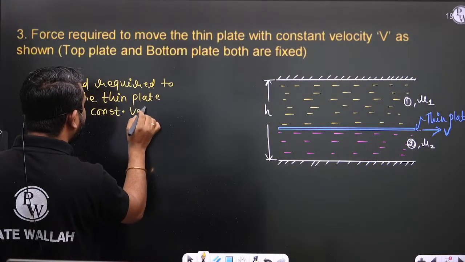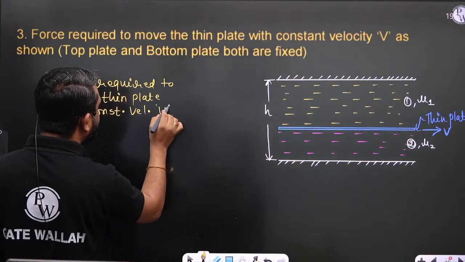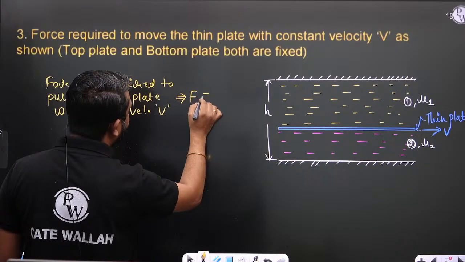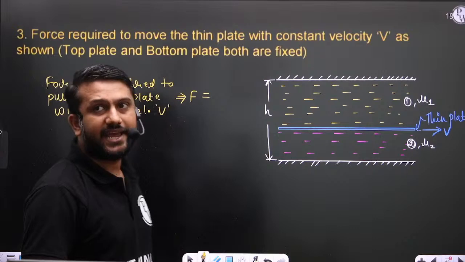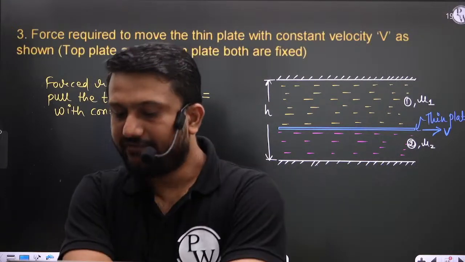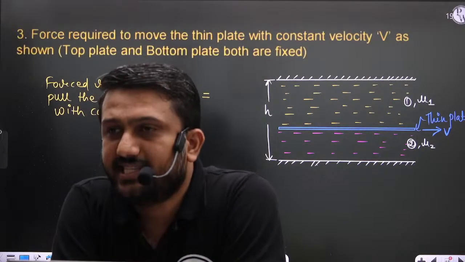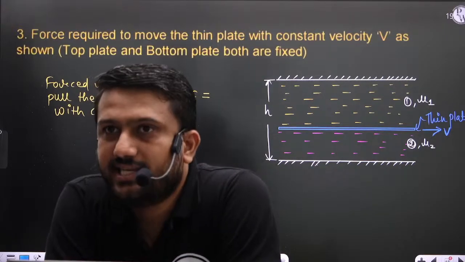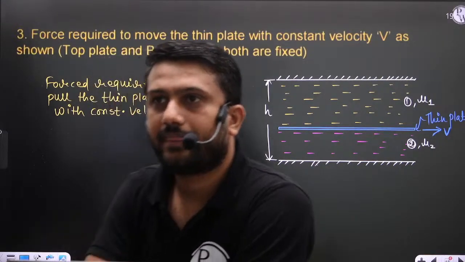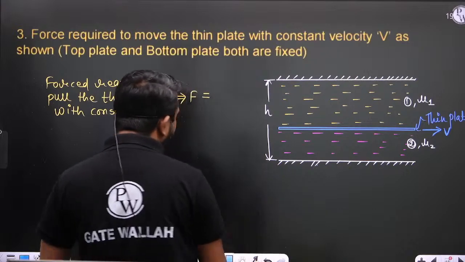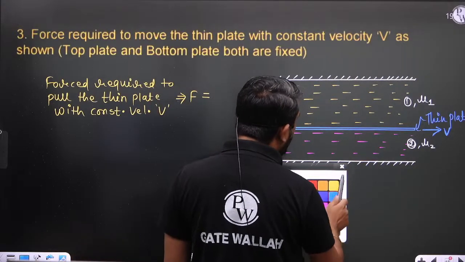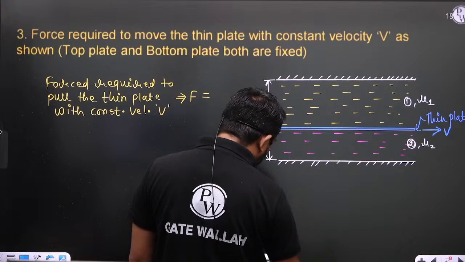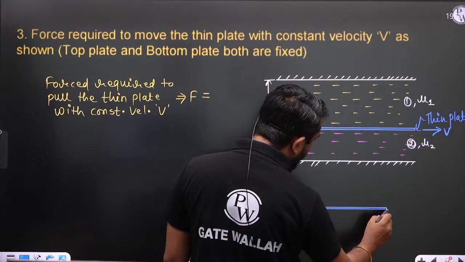What is the force F required to pull this thin plate with constant velocity v? Okay, so first draw the free body diagram, beta. First draw the free body diagram of this thin plate.